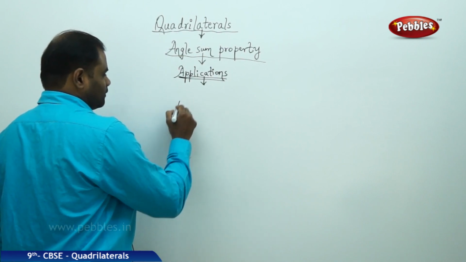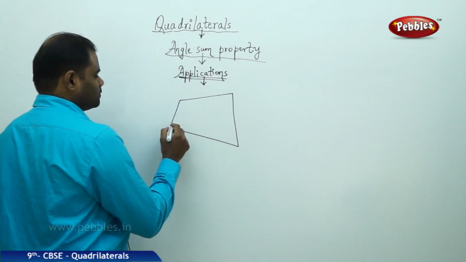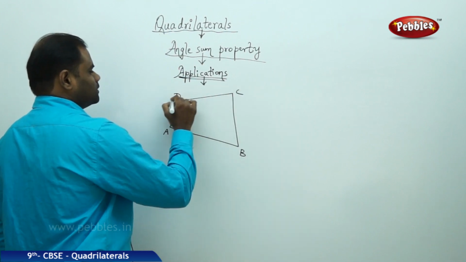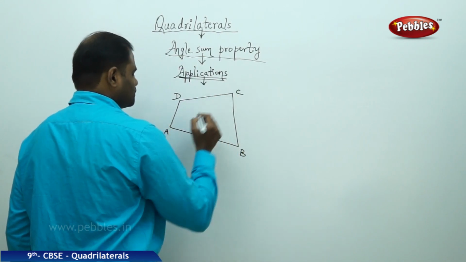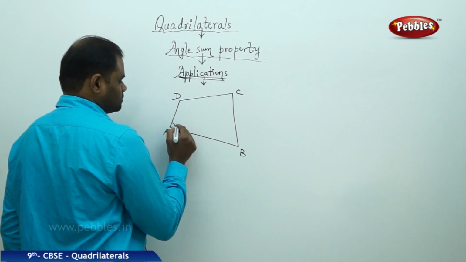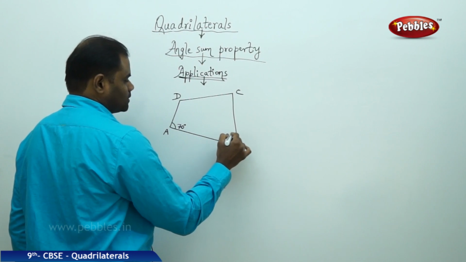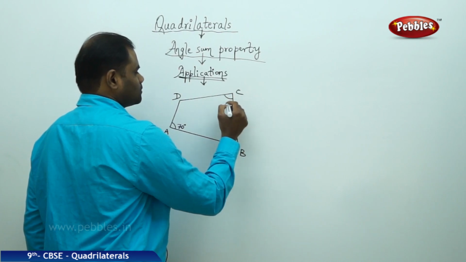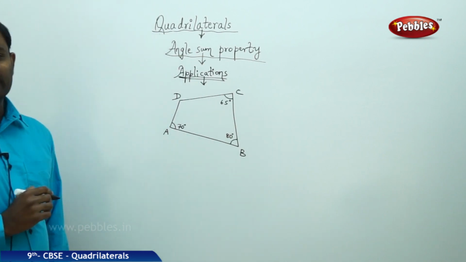For example, I have a quadrilateral ABCD in which this angle is 70 degrees, this is 80 degrees, and this is 65 degrees.